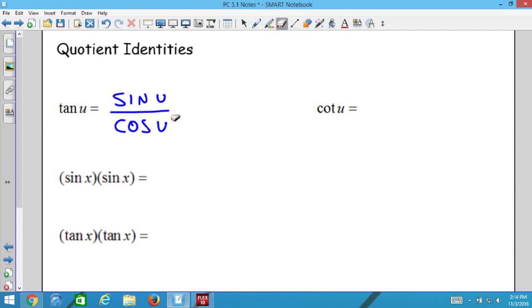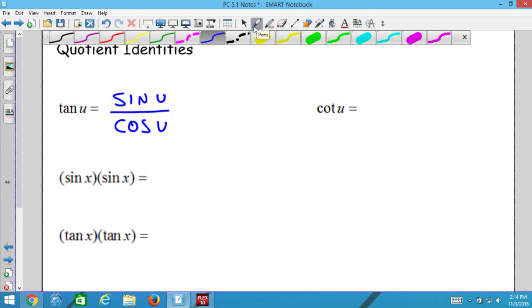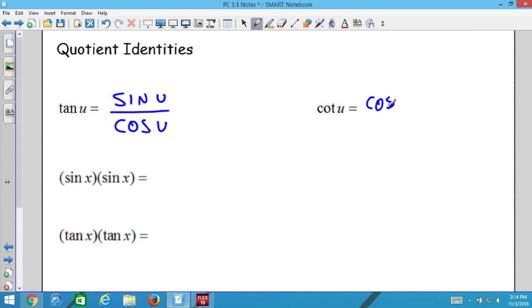So knowing that, can you figure out what cotangent u is equal to? Excellent. Don't turn the page yet. So cotangent u is cosine u over sine u.